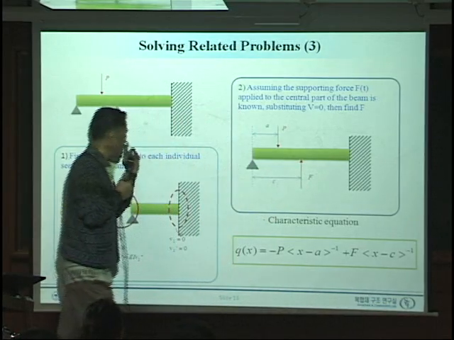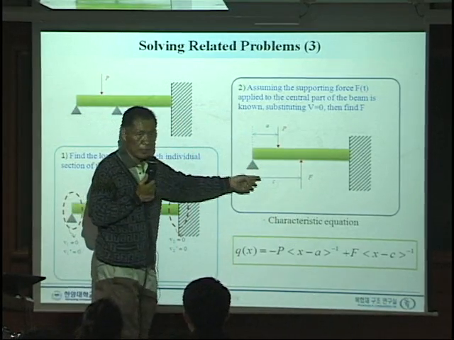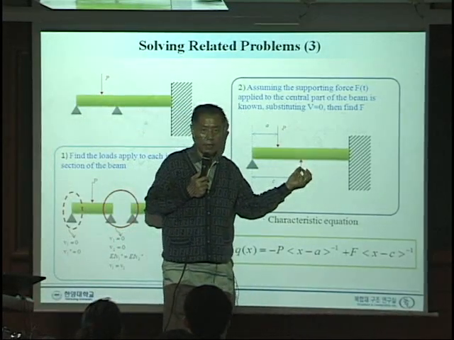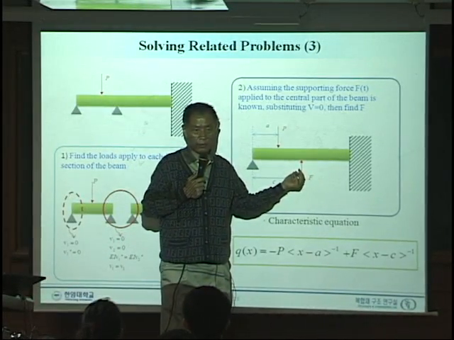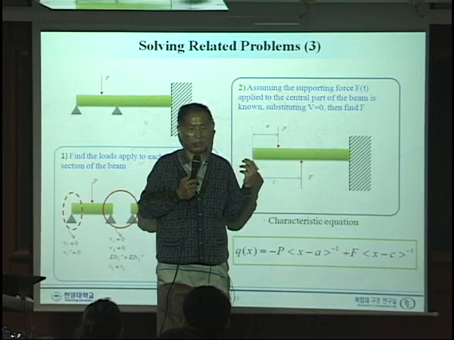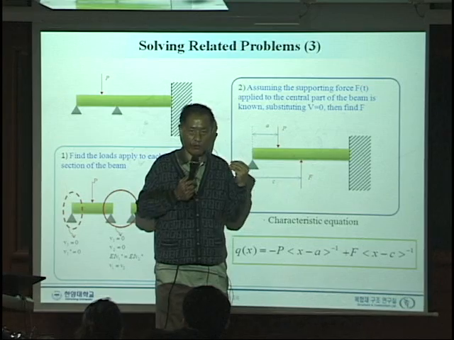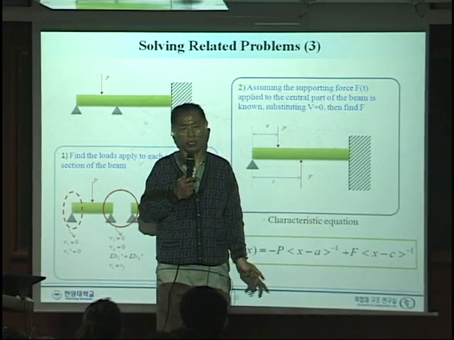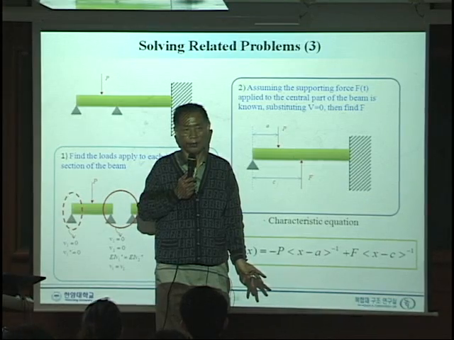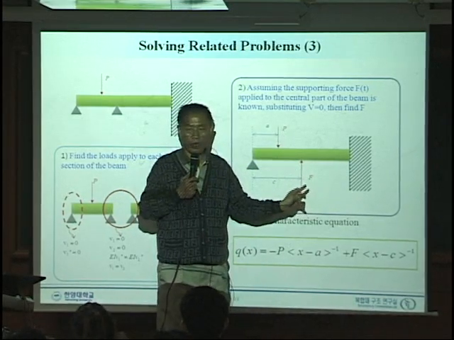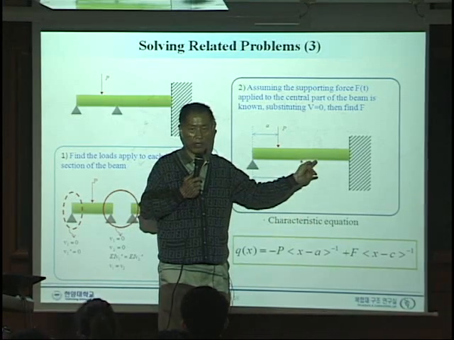We just change this problem into here. At the support, we will have an unknown reaction. But let's pretend we have a known force, just say F. And once we know this P and F, can we solve these beam equations?